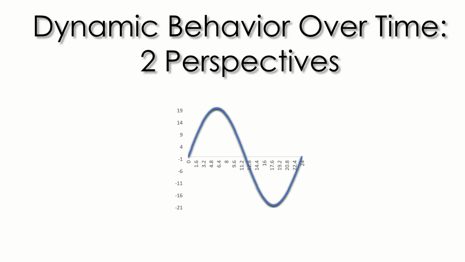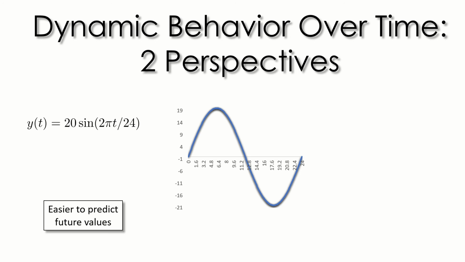There are two perspectives we can take from a mathematical point of view, and we'll find that one of them ends up being easier, is a more interesting explanatory tool, and is actually easier for us to implement in the modeling tools we'll learn to use. The first one: when you see a sine wave like this in a math class, somebody will put up an expression like this one.